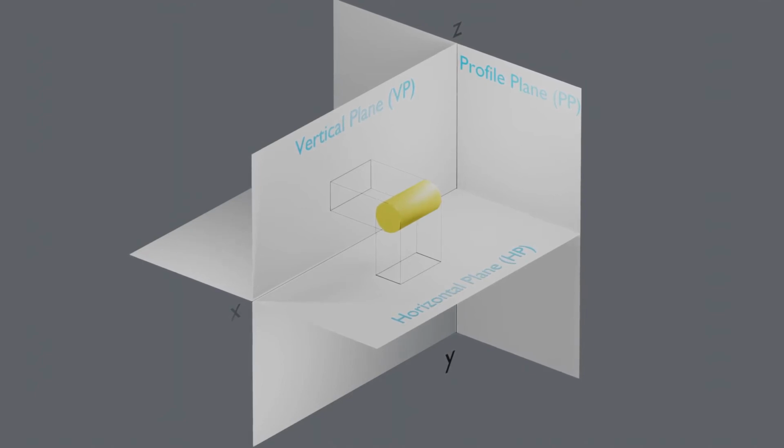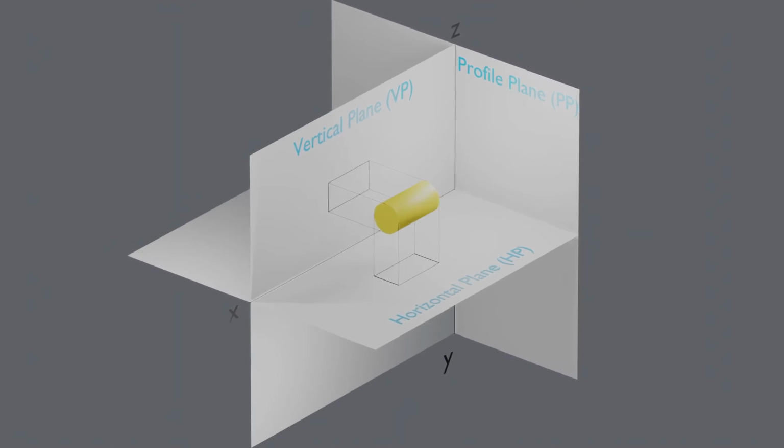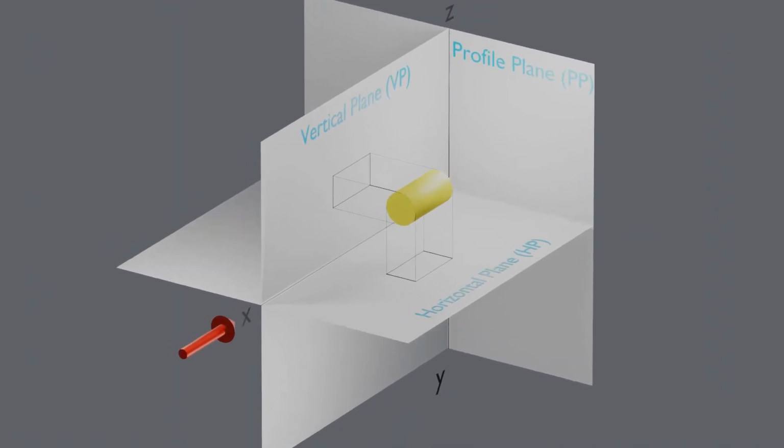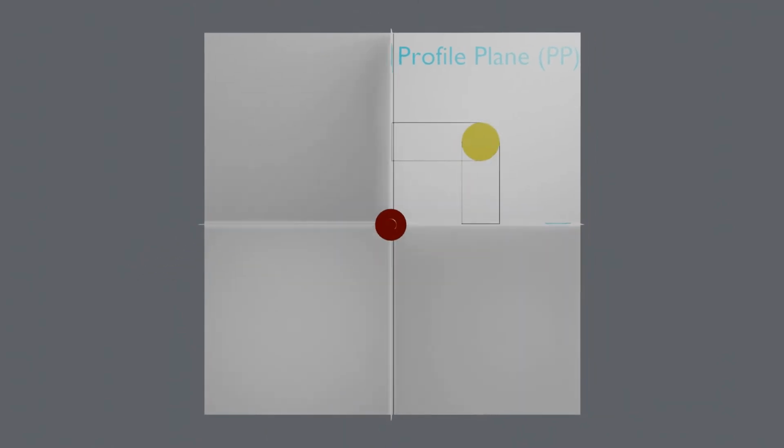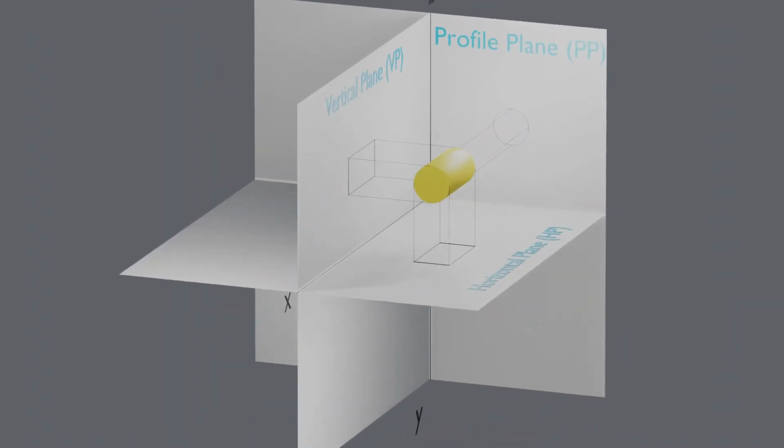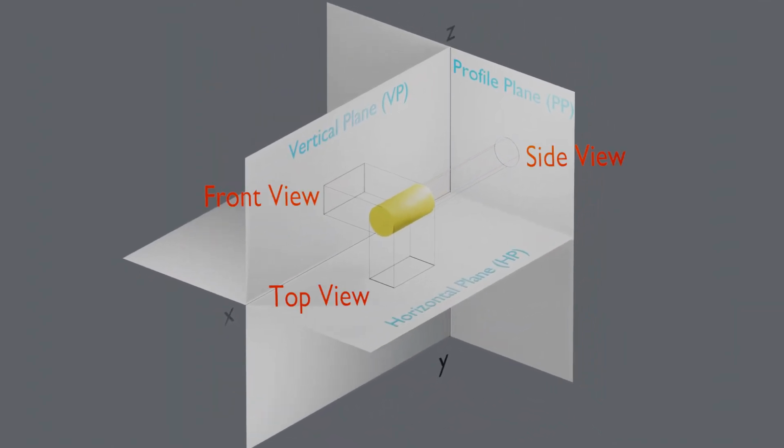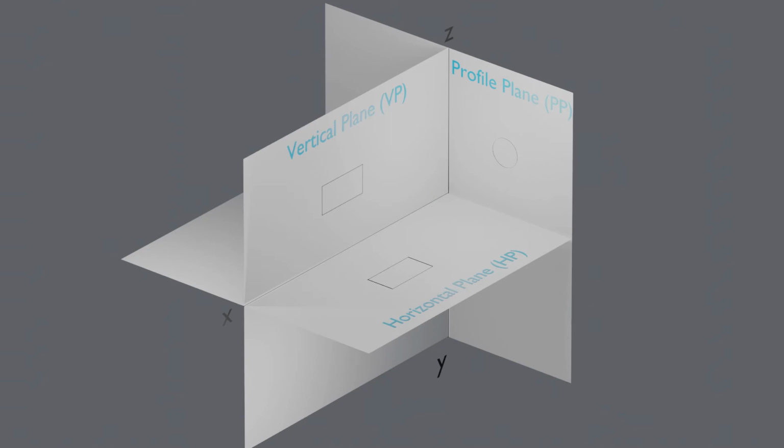For getting the side view, visual rays are coming from this direction. As you can see, the side view is a circle and its diameter is equal to the diameter of the cylinder. Okay, so we got 3 views on 3 different planes. Now that we have all the views, let's make it into a single plane.